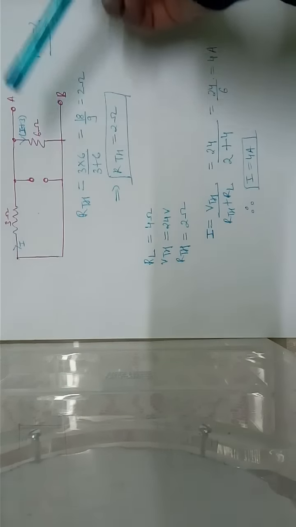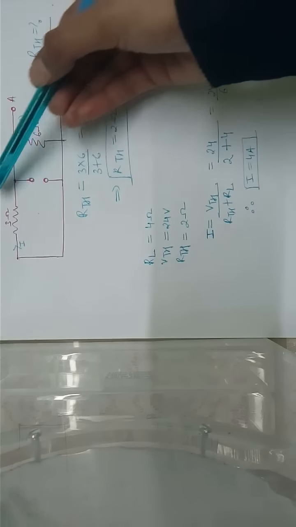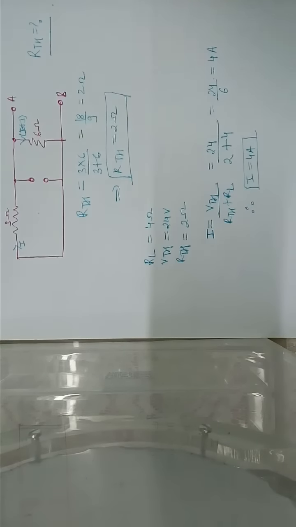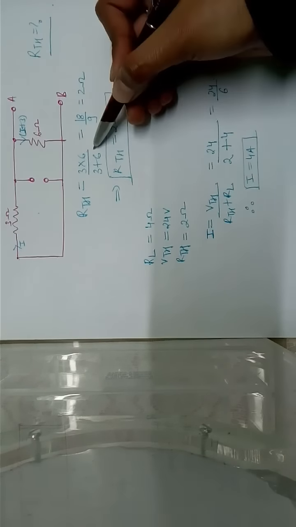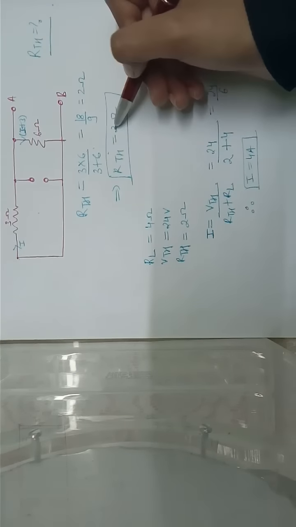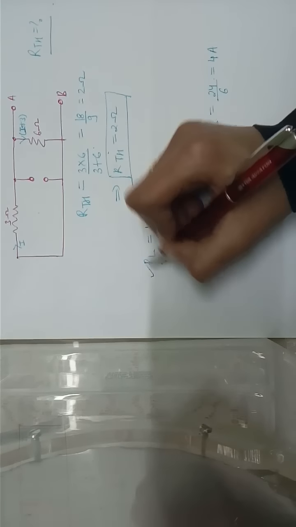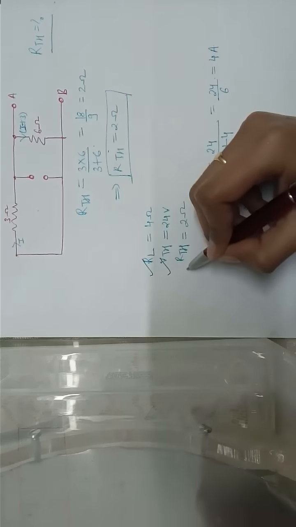Both of them are in parallel as the current flowing through both the branches is different. So we find RTH: 3 into 6 upon 3 plus 6, 18 upon 9, that's 2 ohm. So that's the RTH. The values that we have found are RL, VTH and RTH.